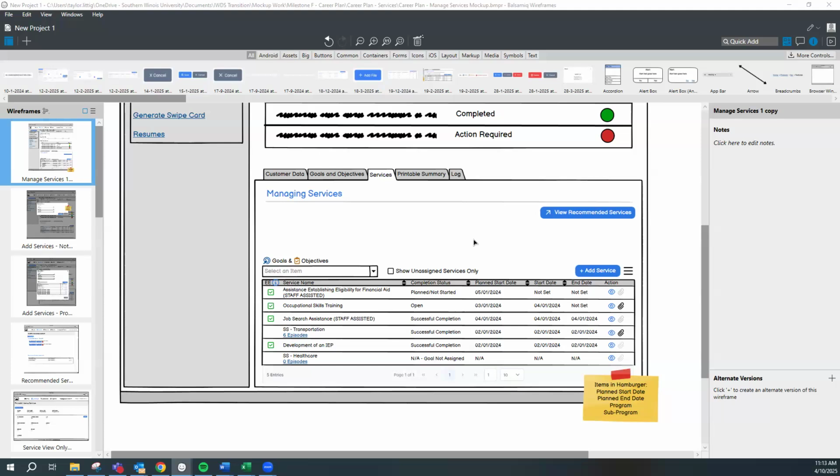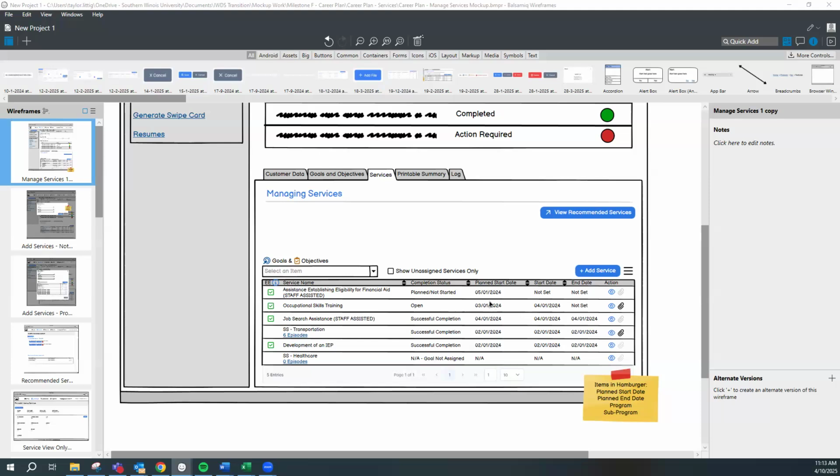So it's just a nice way to have your whole career plan planned out in advance. Instead of going and adding a service when you're ready to start it, you can plan it in advance. And like Olivia said, if you have a service that's planned and you pass that planned start date, eventually you're going to get some sort of notification saying, hey, what's going on with the service?